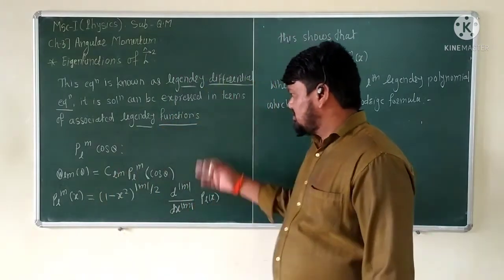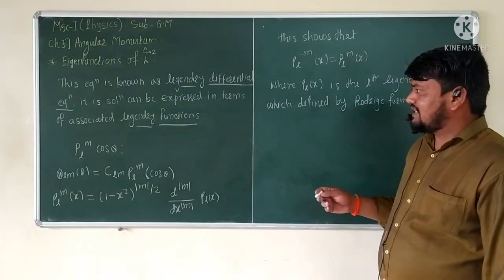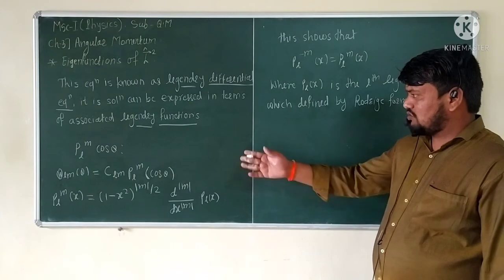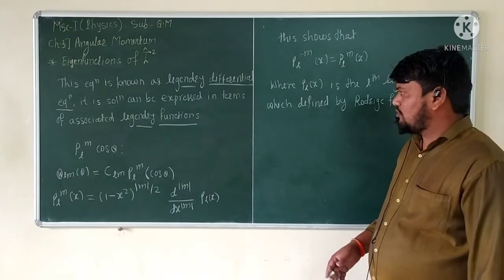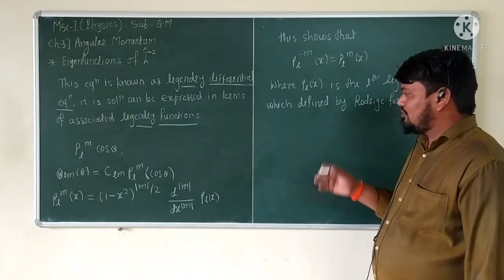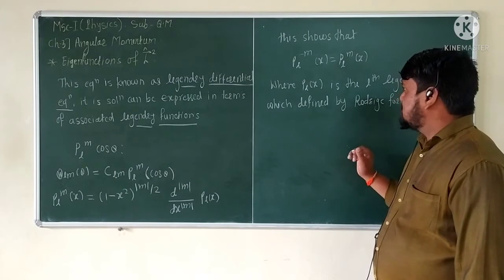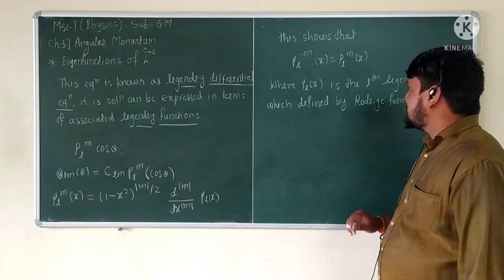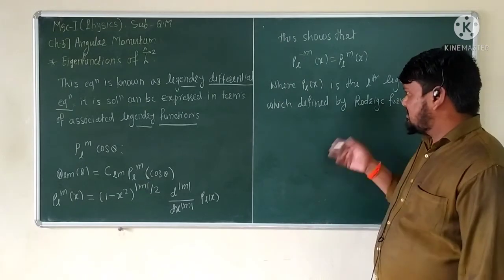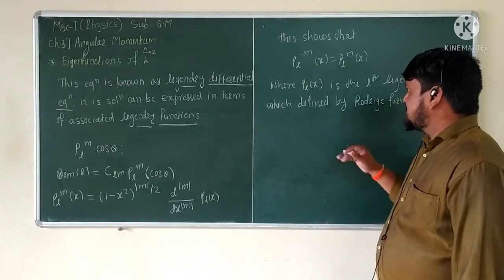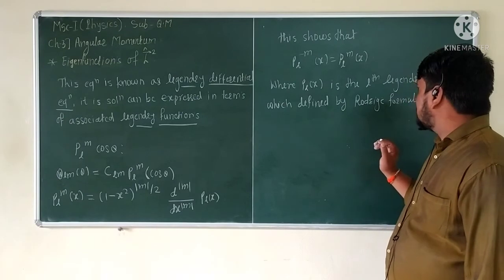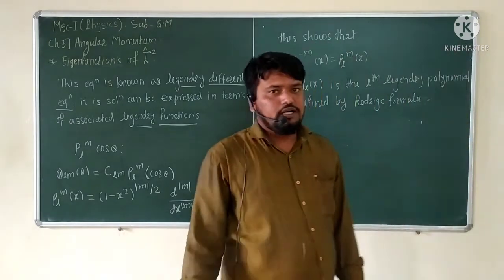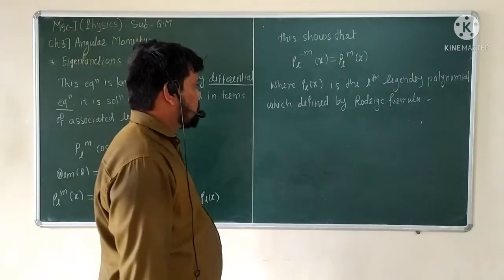Using this equation we get the Legendre functions, P_l^m of cos theta. After solving, P_l of minus m of x is equal to P_l^m of x, and P_l of x is the nth Legendre polynomial defined by the Rodriguez formula.